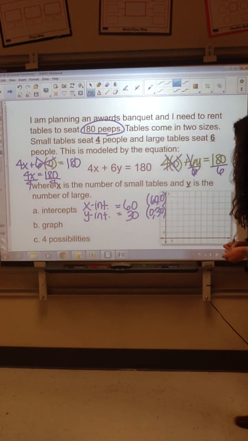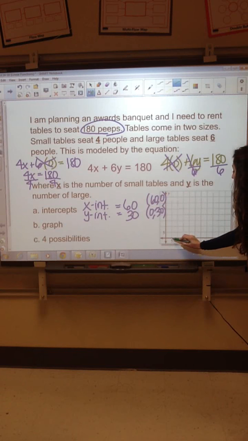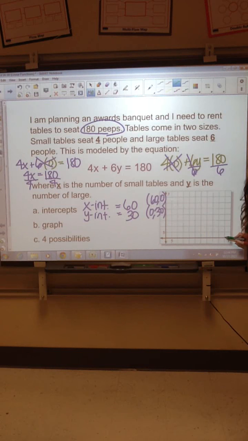So let's graph it. All of our lines are going by 5s. So we need on our x-axis, when the y is 0, x must be 60. So 5, 10, 15, 20, 25, 30, 35, 40, 45, 60. When x is 60, y is 0. That's my first point.